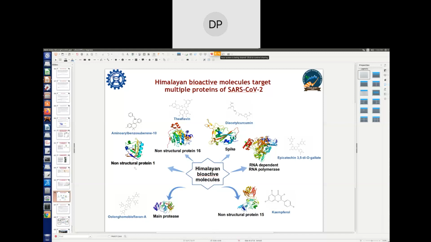So like NSP1 to 16, spike, RNA-dependent RNA polymerase, main protease, we have screened for all these receptors. And for the main protease and the spike, we are going for the wet lab, and whatever predicted molecules we got, we are getting very good results from them. And after that, we tested these predicted molecules against the live virus, and there also we are getting very good results.